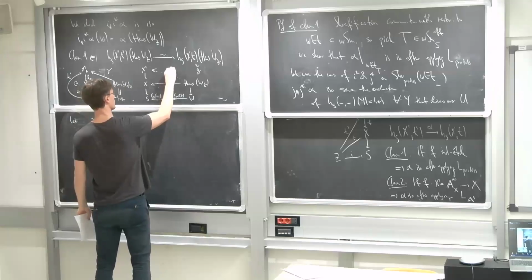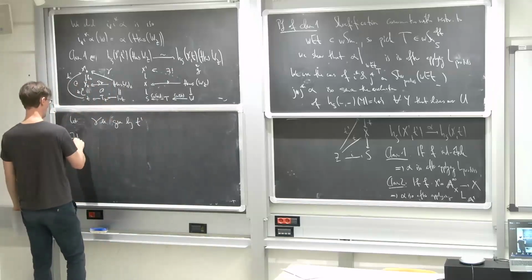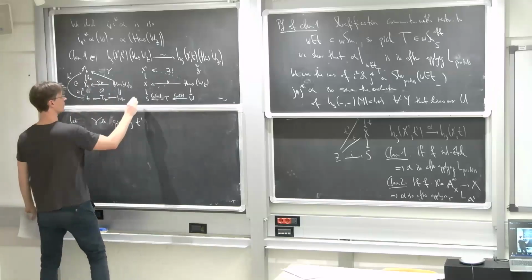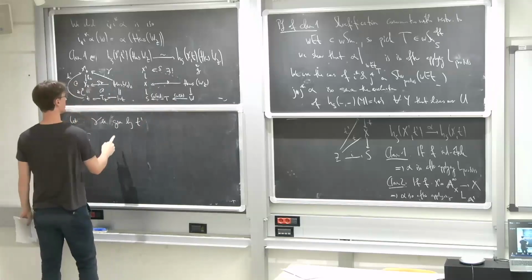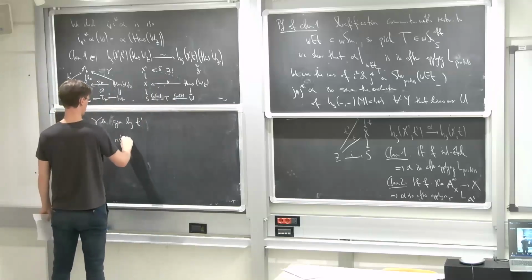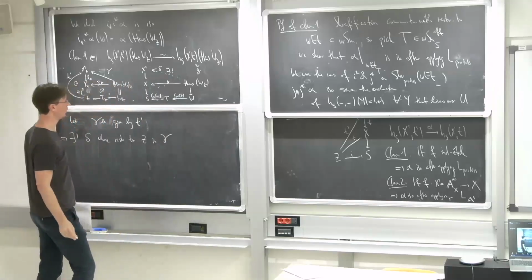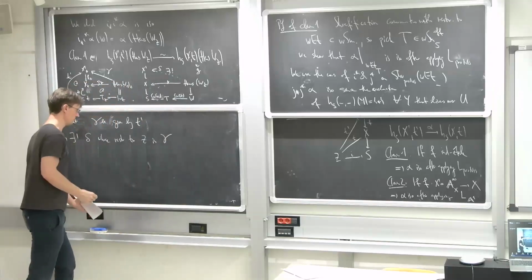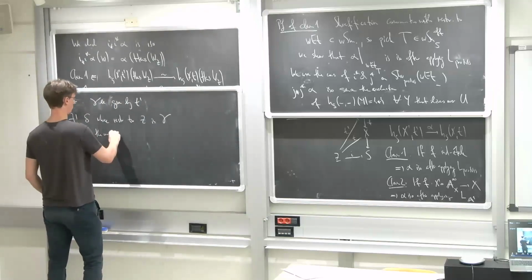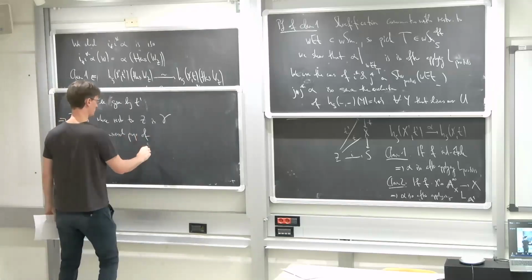So I claim there is a unique map like this. So there is a unique map. Maybe I call it delta, whose restriction to this is gamma. Why is that? Well, this is exactly the universal property of the Henselization.